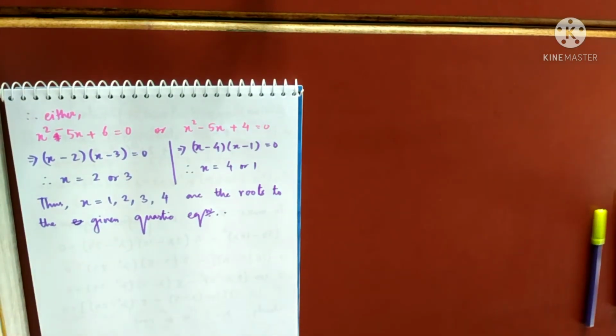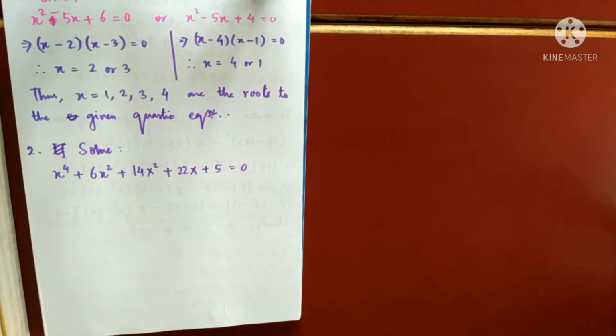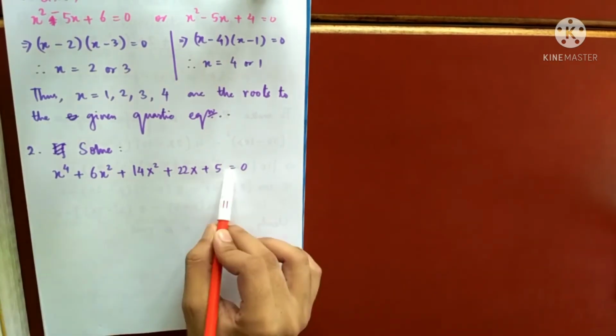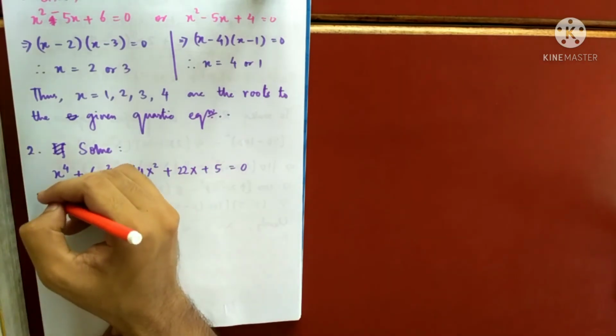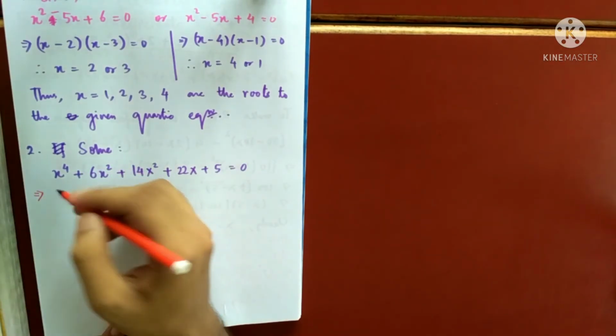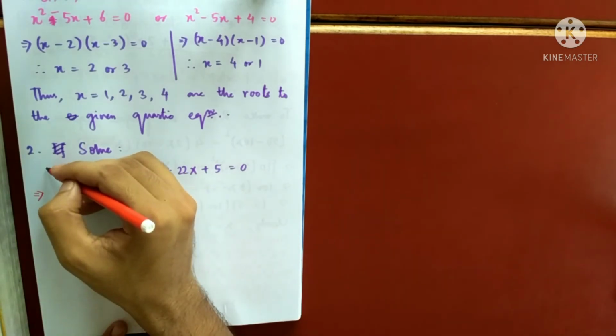So let me take one more example for today, and then we'll do some more in the next class. This is the next question. As you can see here, solve this by using Ferrari's method. So I'll start in the same way how I started the last one. So x to the power 4 plus, you have to first multiply by 1.